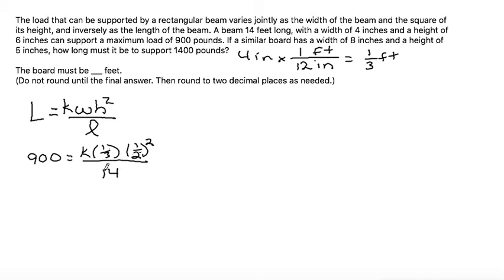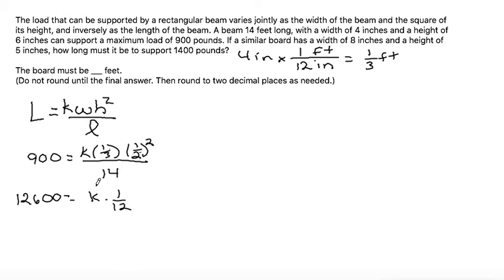So I'm all consistent with my units of feet so that I can get my answer in a unit of feet. Okay, so now to solve for my value of K, I'm going to multiply both sides by 14. So 900 times 14 is 12,600, is equal to K times 1/3, so 1/2 squared would be 1/4, and then 1/4 times 1/3 would be 1/12.